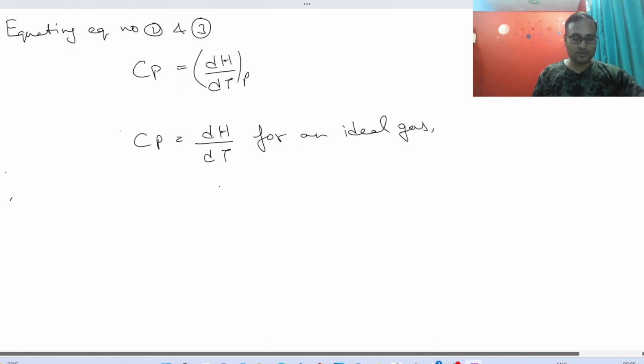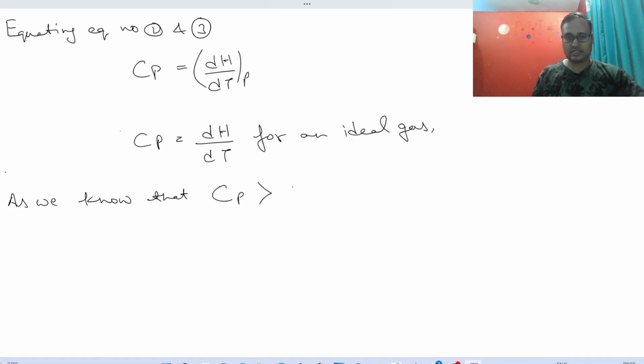Now as we know, Cp is always greater than Cv, as the heat supplied to a system at constant pressure involves a slight expansion in the volume of the system, and so the heat is used up in two processes.